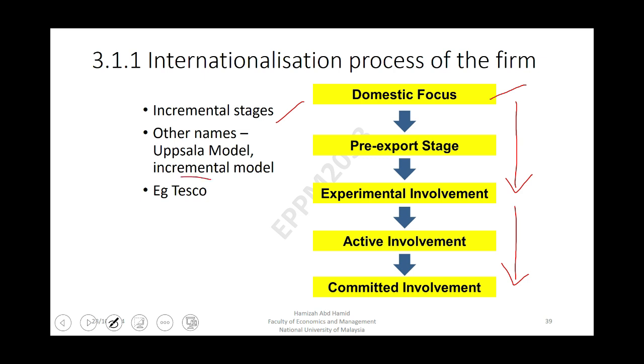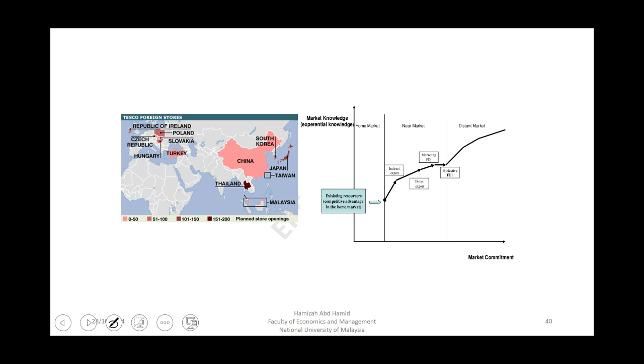For this, I give you an example of Tesco. Tesco originated from the UK. They do their internationalization process incrementally by first choosing markets that are similar to them, markets that are culturally similar, markets that are geographically near, because it's less risk.